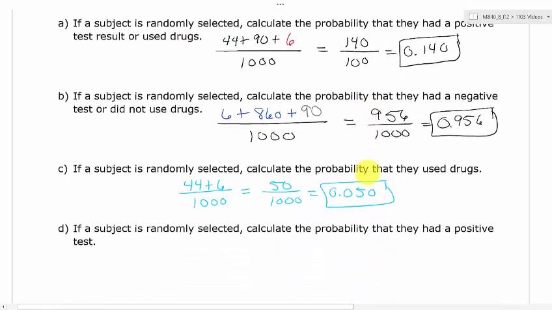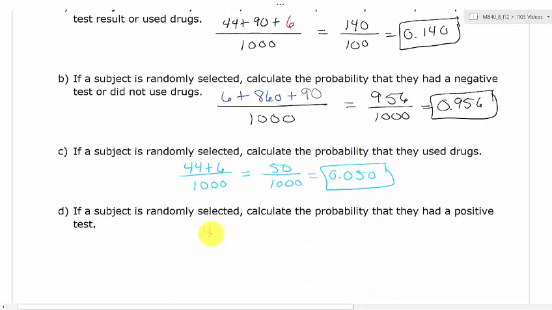And so that's 44 plus 90. And then divide by the total number of people, which was 1,000. And 44 plus 90 is 134. Divided by 1,000 gives us 0.134.